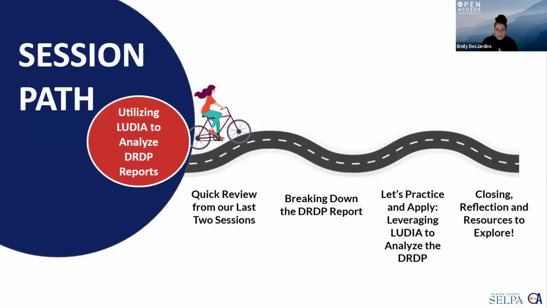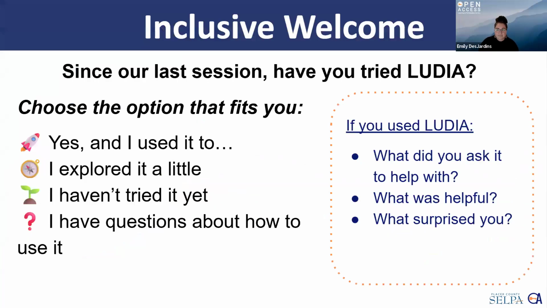And then a big bulk of our session today is going to be spending time practicing this. You're going to have a choice of 3 different breakout sessions depending on what you want your focus to be with our time together, really playing with LUDIA and getting some real application time. And then we'll do a little closing reflection.